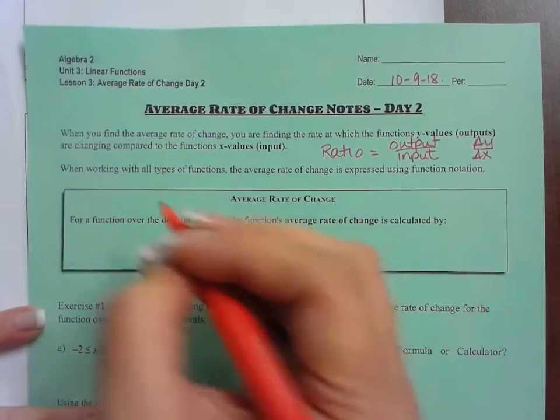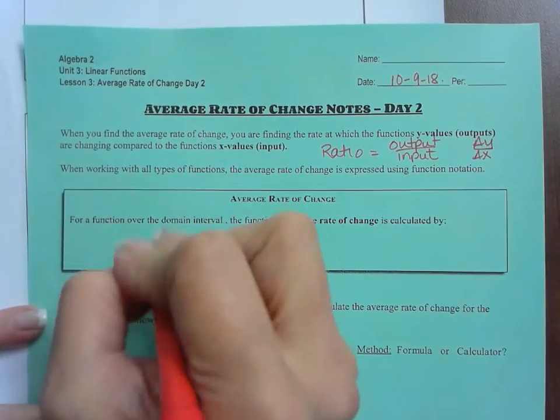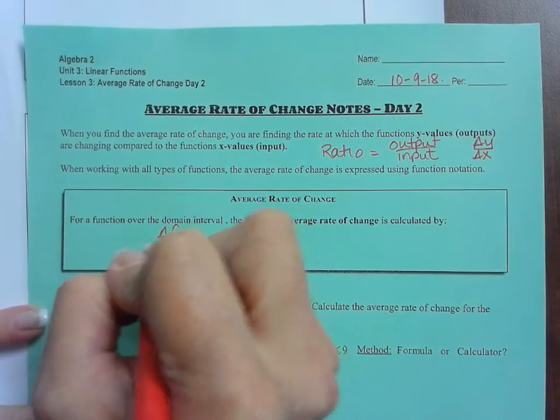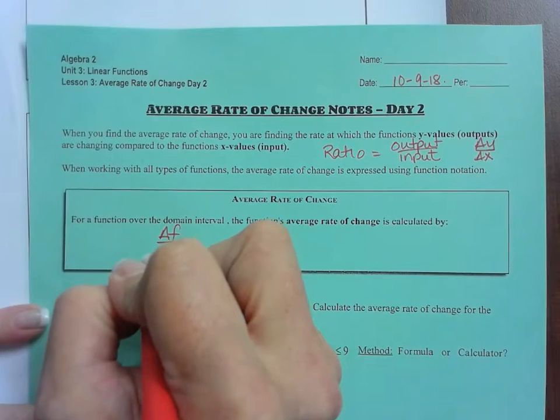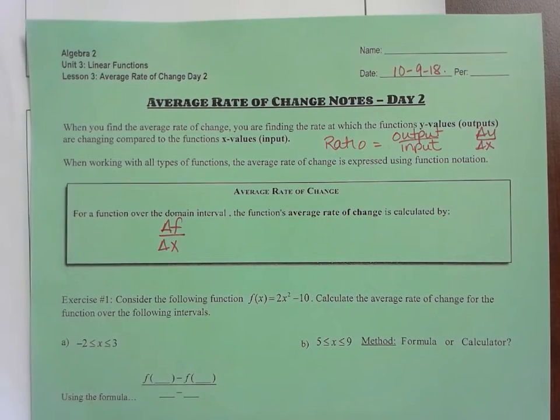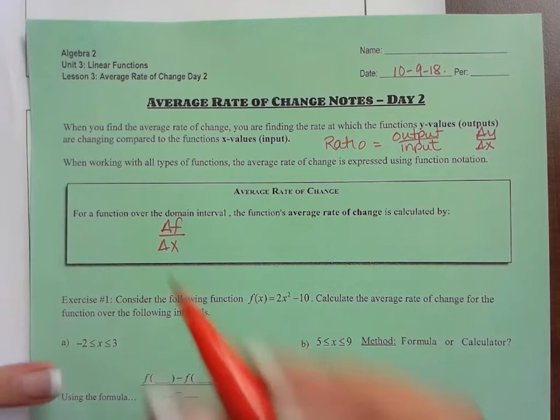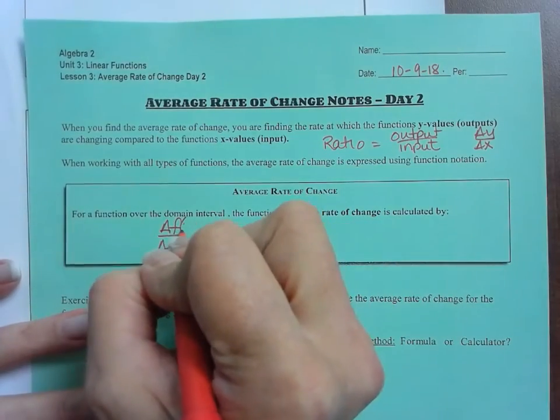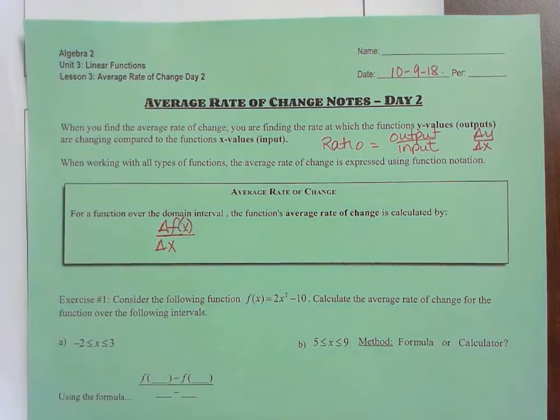So we calculate it by the change in the function over the change in x, which is the same thing as change in y, just like when we were doing the inverse and we had the function of x and we changed it to y to switch the x and y.